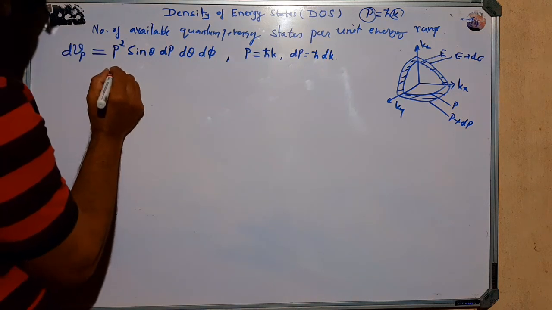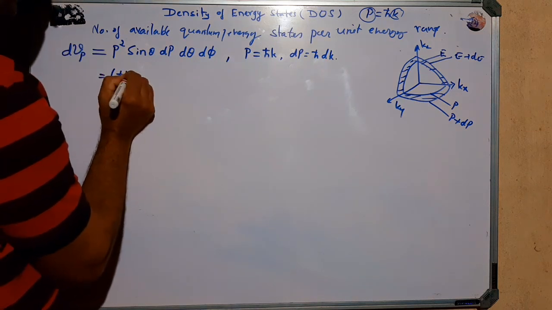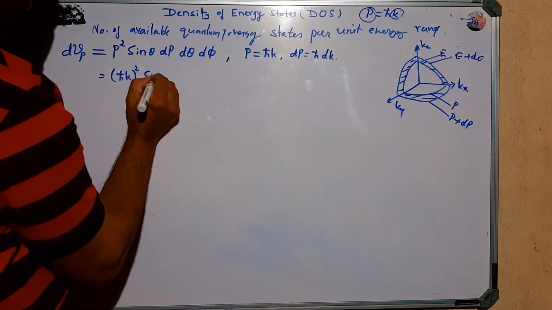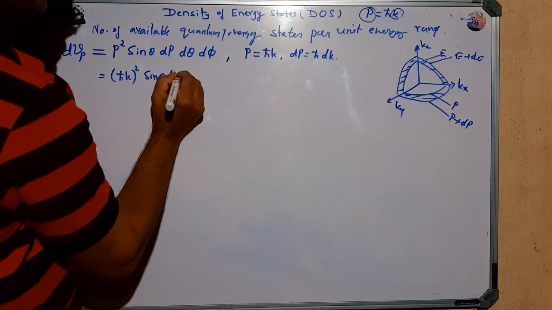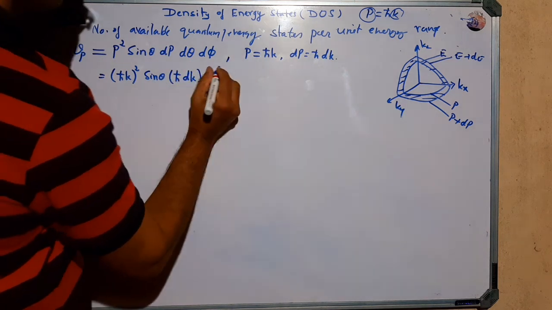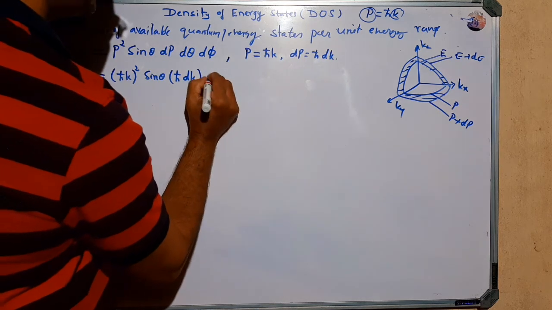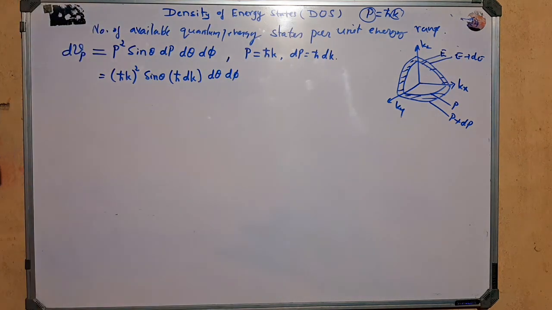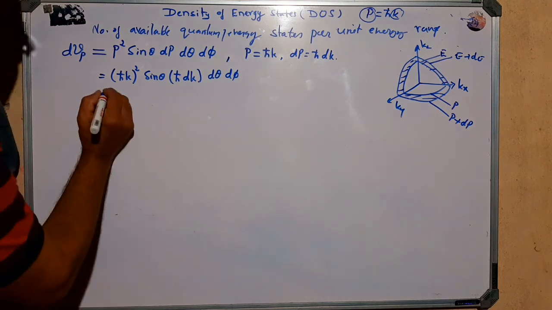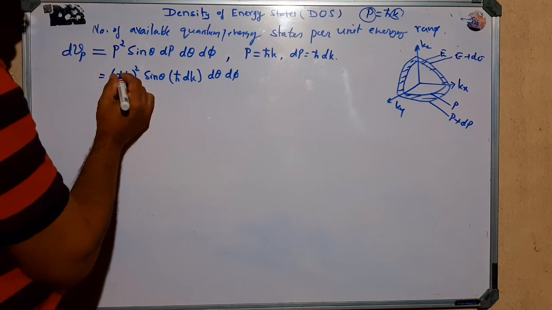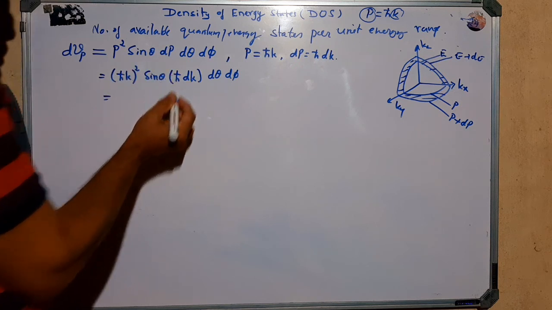P square is h cross k whole square, sin theta, dp is nothing but h cross into dk, into d theta into d phi. So this is equal to h cross square into h cross cube.